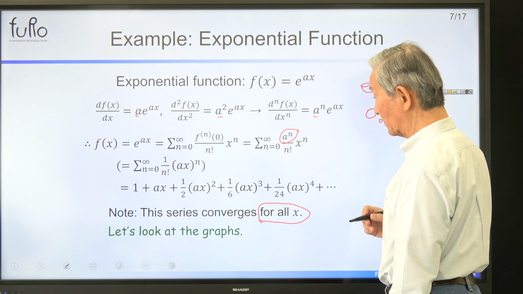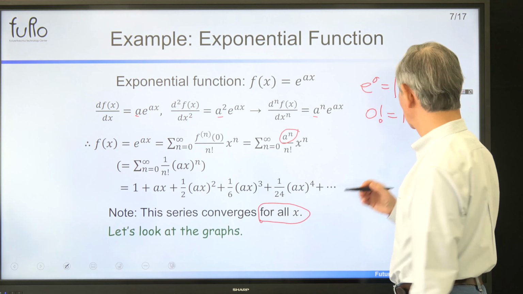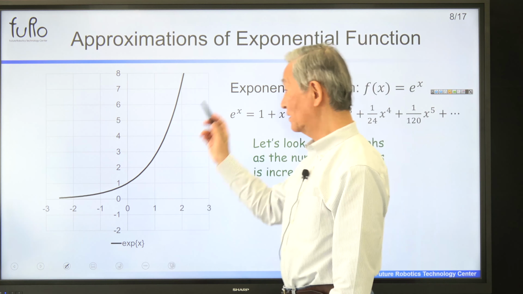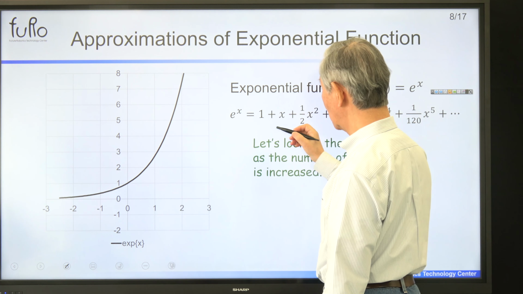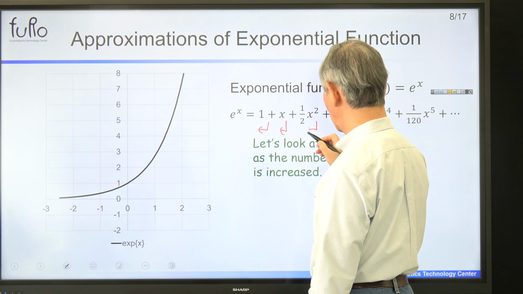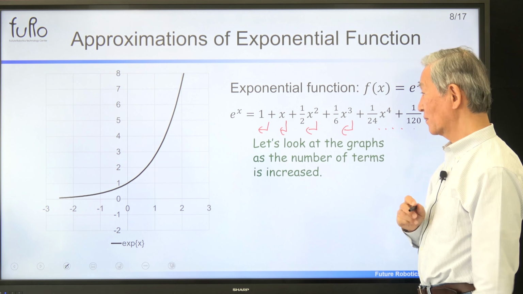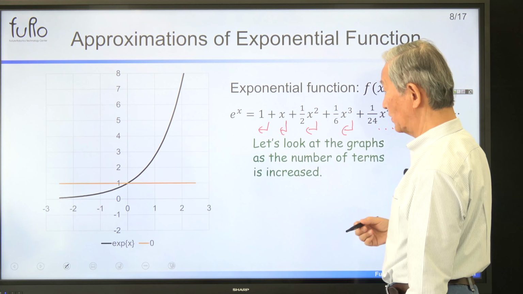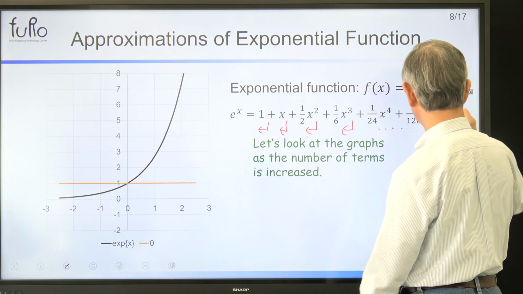Let's look at the graphs. Okay, let's draw graphs. How do I draw graphs? This is the original exponential function, and what I do is pick up only 1 term, or 2 terms, 3 terms, 4 terms, and so on, and look at how good the approximation is. The first one, not really good.